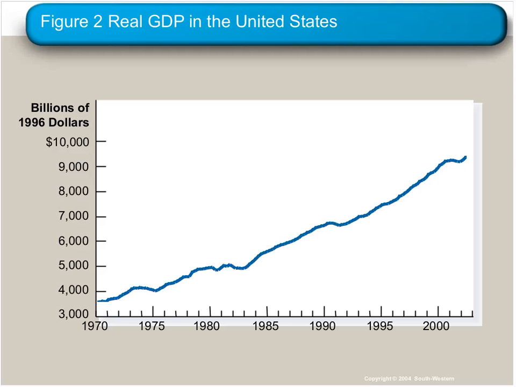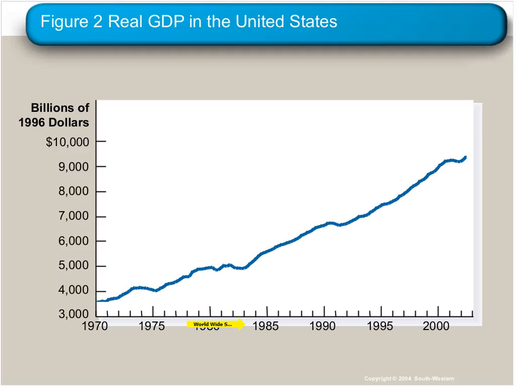So look at here, the real GDP in the United States, how it increased throughout history. In 1970, it was between 3,000 to 4,000 billion US dollars. As time passed, this is what happened.